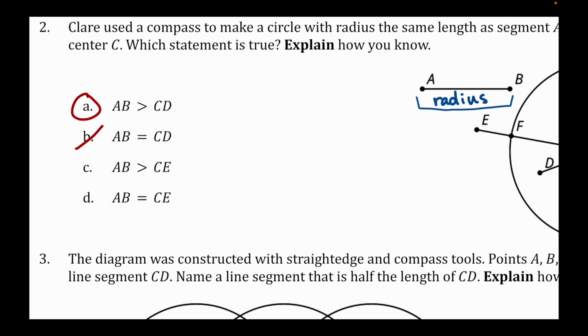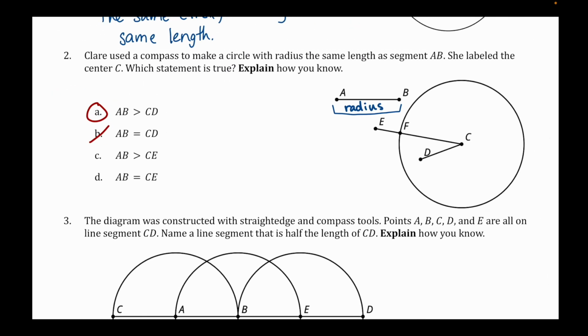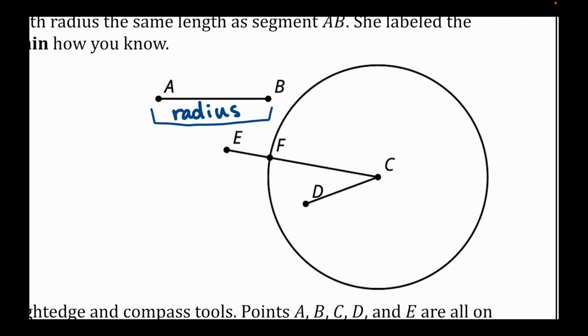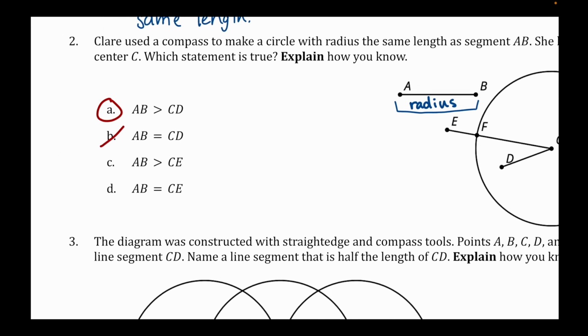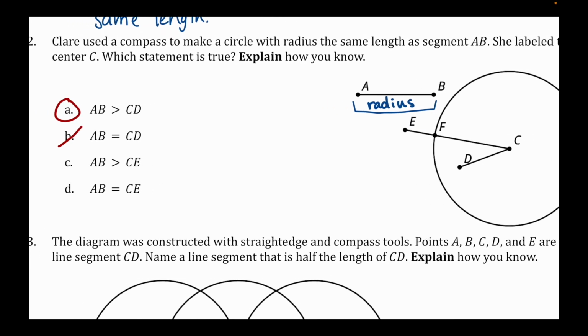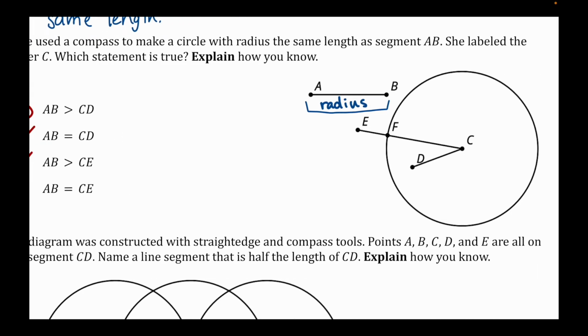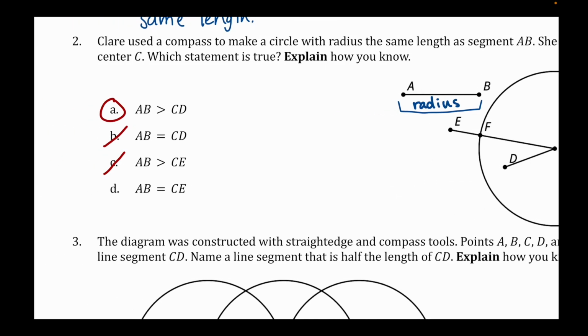Is AB greater than CE? Well, CE extends past the border of the circle, which means that it would have to be greater than AB. So this is actually also incorrect. AB cannot be bigger than CE. And then is AB equal to CE? Well, it cannot be because it's going to be equal to CF. It's the only piece that it's allowed to be equal to here.